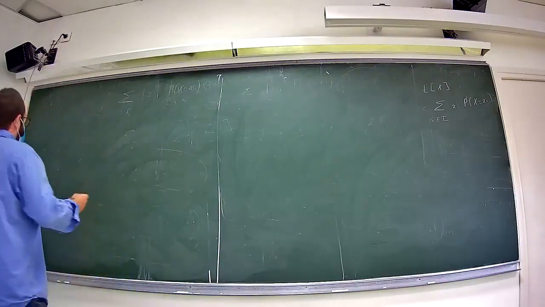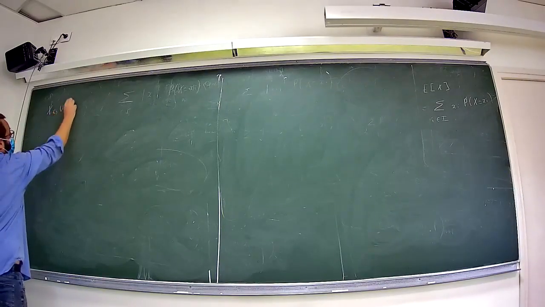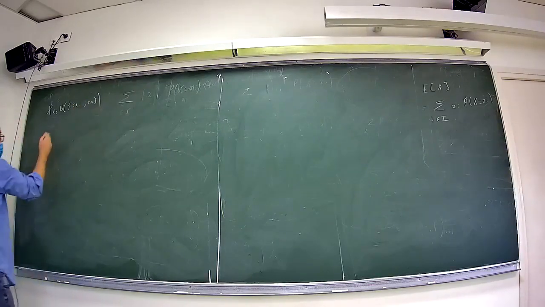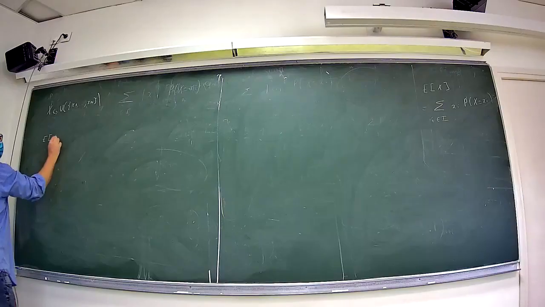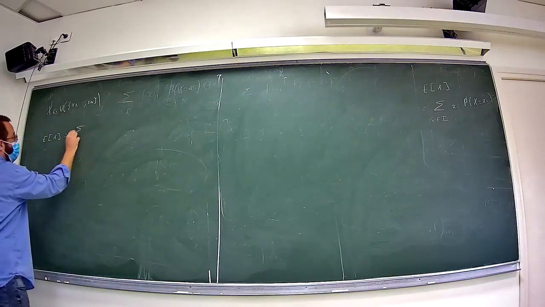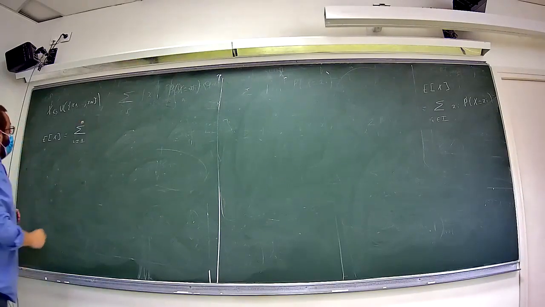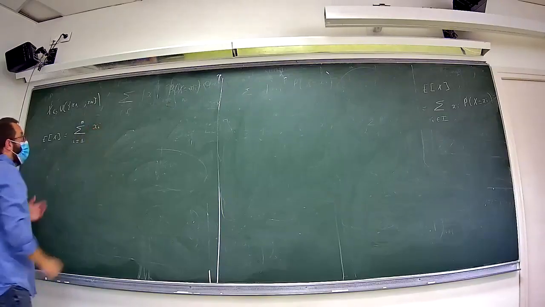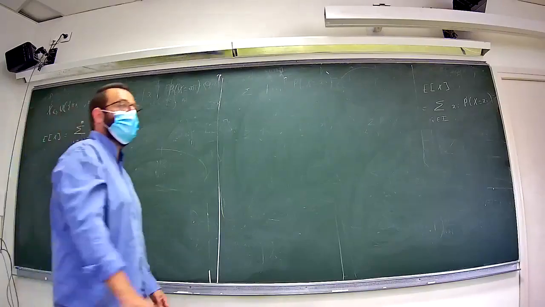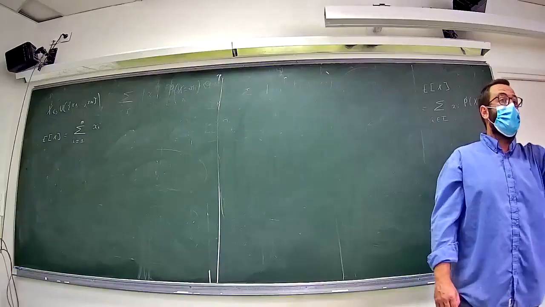So if X follows a uniform on x1, ..., xn, what is the expectation? It's a sum from i equal to 1 to n of xi, my possible values, multiplied by the probability that X is equal to xi, that is equal to 1 over the total number of elements in my set.